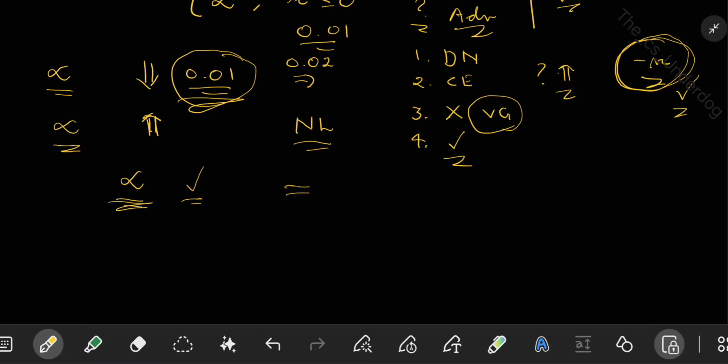What is the problem here? You are using a fixed parameter. I told you 0.01. Whichever be the value, this value is fixed. So the problem is the optimal value can depend actually on your architecture or on your data. So you may not exactly be able to find out what is the best value you want. You may have to do, let us say, a lot of tuning, or you may want to do a lot of hit and tries.